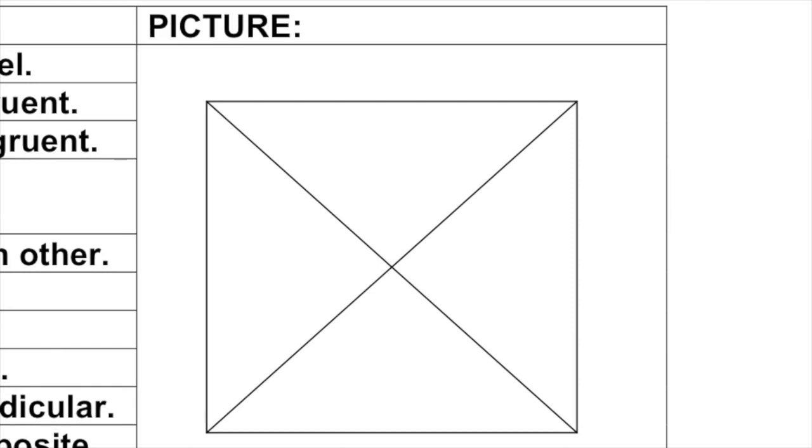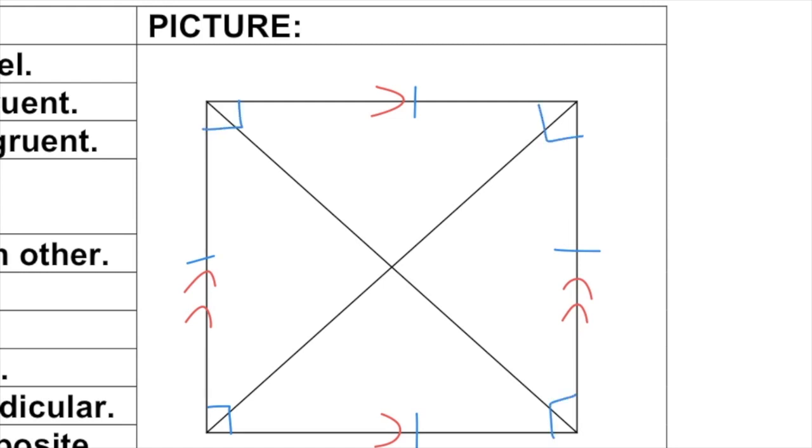So things like opposite sides are parallel, and opposite sides and all sides are congruent. Opposite angles are congruent. All the angles are 90 degrees.